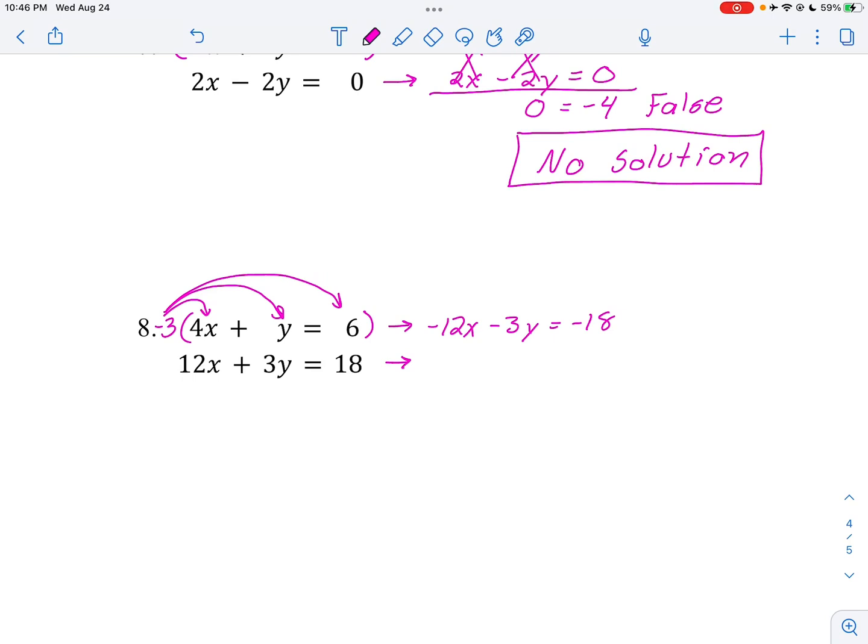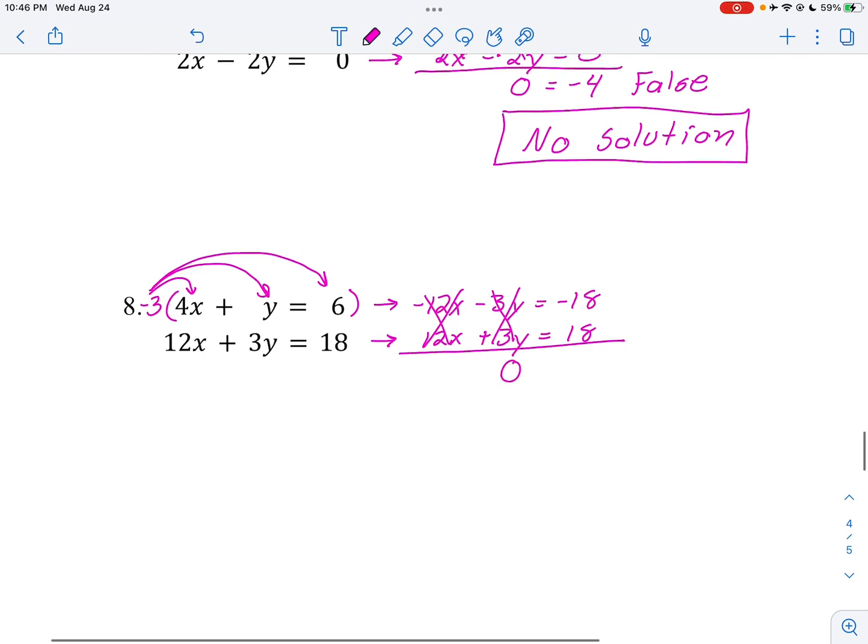And then the second equation can just be brought over the way it is, because it's a positive 12x already, which will cancel with the negative 12x we just created. Therefore, everything else in that equation will stay the same as well. Now, when I go to combine, the 12's cancel. Good, we planned that. But the y's cancel as well. So that means we have nothing on the left side.